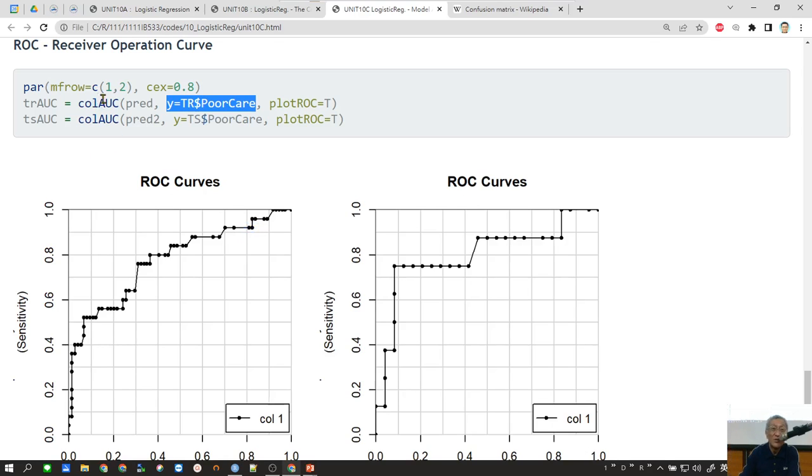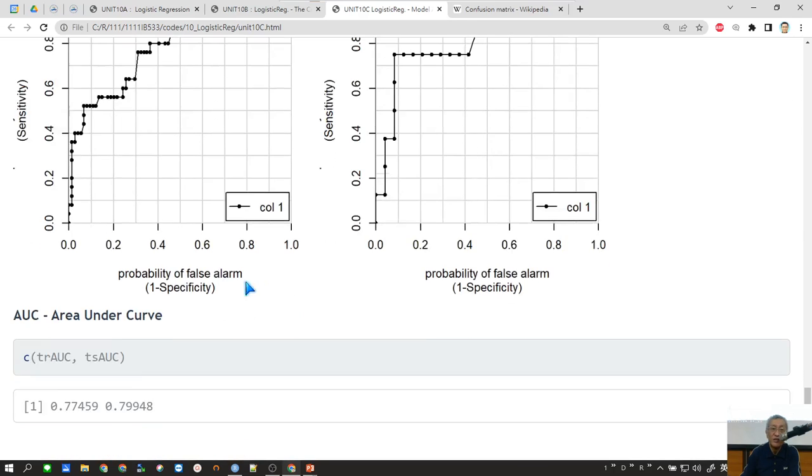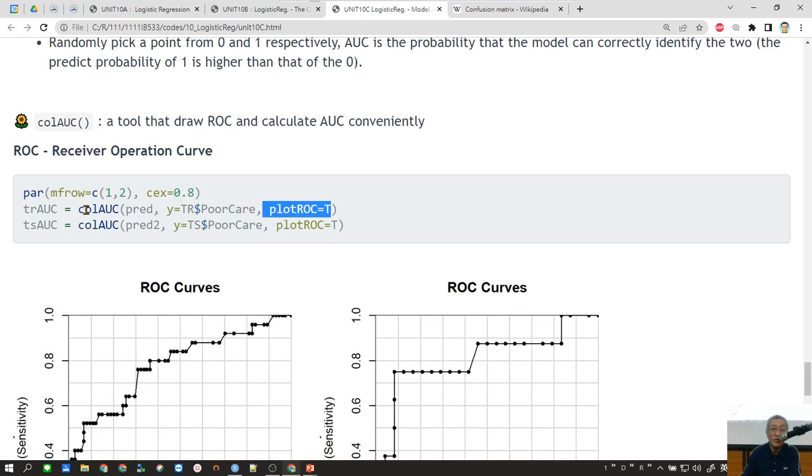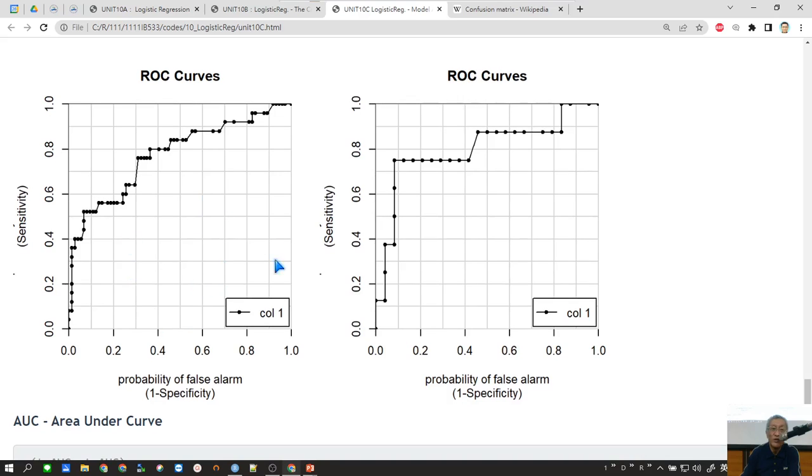This argument controls whether you want to make a plot. If you do not make a plot, it will simply return the area under the curve.